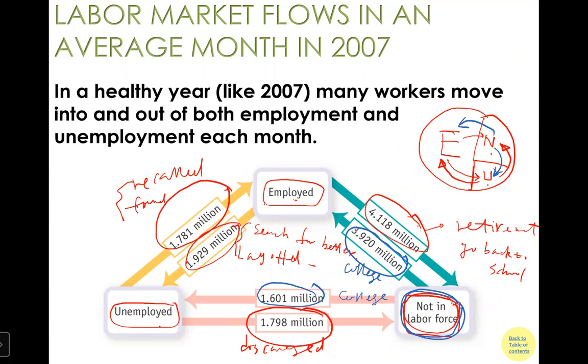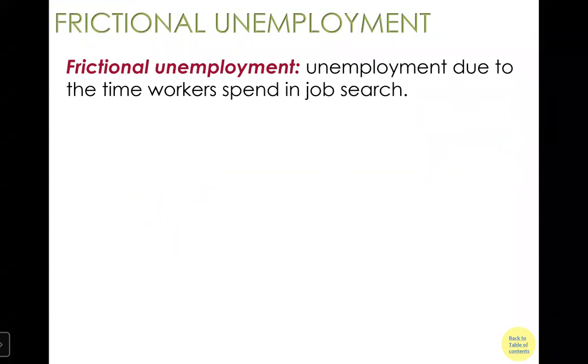From this discussion, you can see there are different types of unemployment. Now we go to our former discussion. Frictional. So what is frictional unemployment? This is unemployment due to the time or effort the worker spends in job search. Just think about the college grads, right? It takes time for them to find the right job, the right location to work.